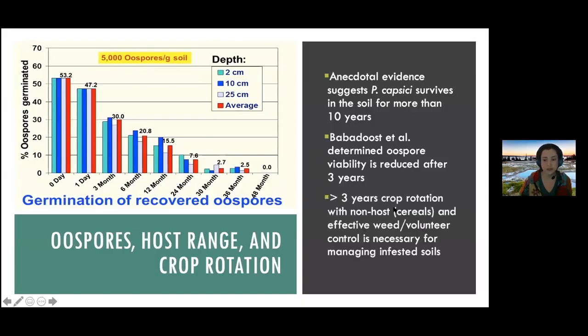His research determined that the 3-year rotation seemed to be the magic number. So if you are able to have a 3-year rotation with non-hosts of P. capsici, that could really clean up your soil. I know that's really hard because, again, the really cool crops that you all like to grow are hosts, and pretty much the only safe bet are field crops, cereal type stuff, grasses, corn, all these things.